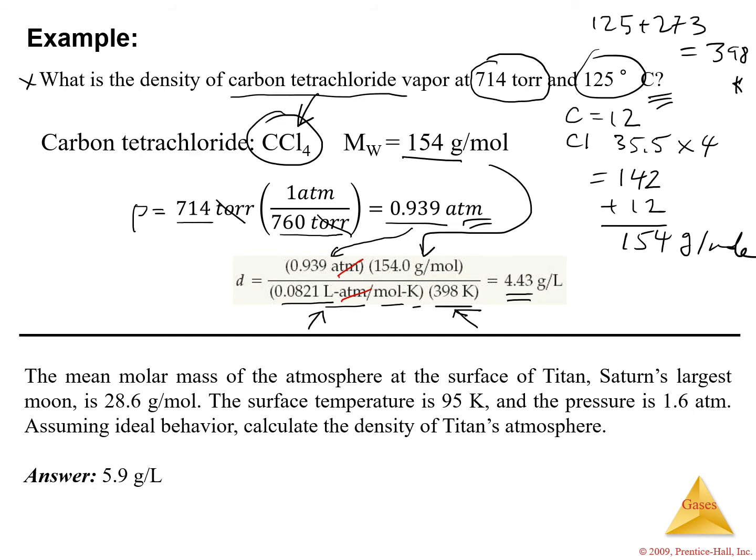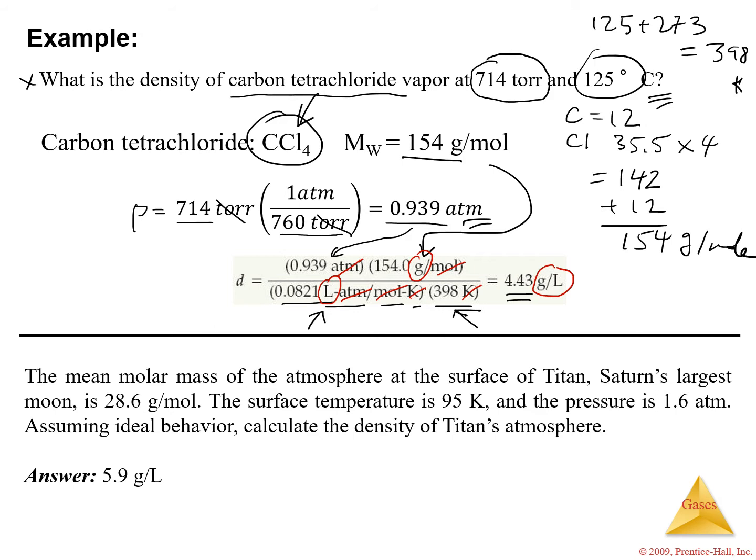And of course, here mole cancels with mole, Kelvin with Kelvin. So you can see that the remaining unit is grams per liter. Okay, so this is very much what it is. Naturally, as you can see, the units come up from the numbers you apply.